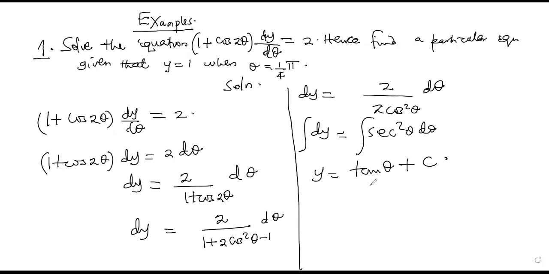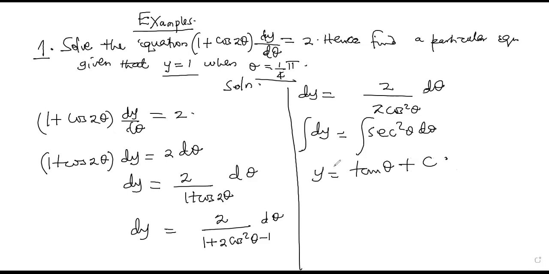What you've gotten here is what we call a general solution, but we need a particular solution. For us to find a particular solution, we need to substitute for this arbitrary constant of integration c. And how do we do that? We first substitute the values given for y and theta, so that we get the value of c, then we substitute the value of c into this equation, and we get what we call a particular equation.